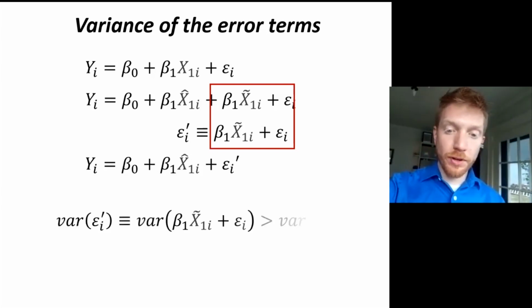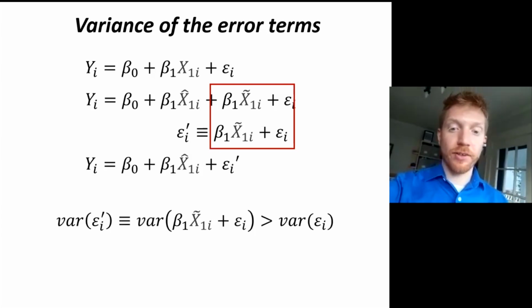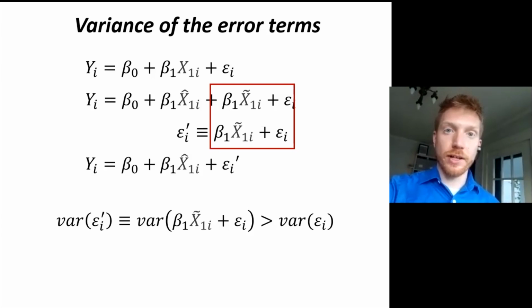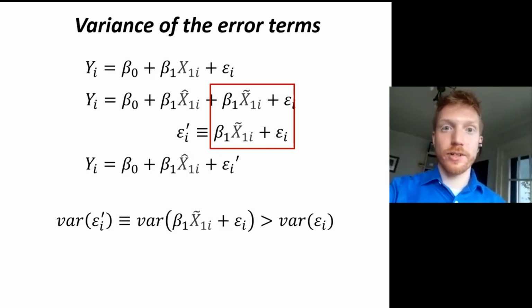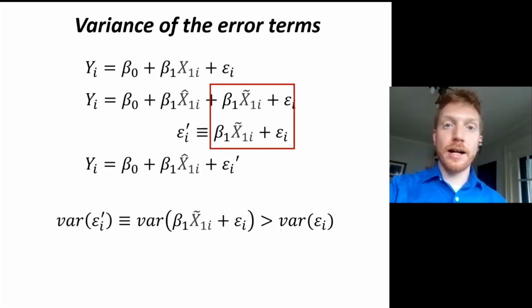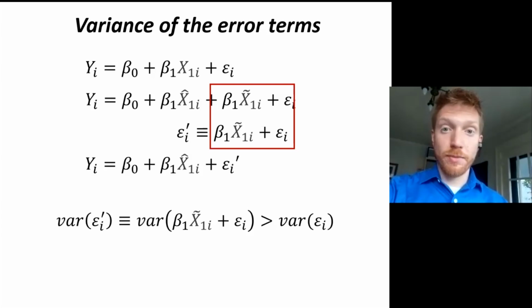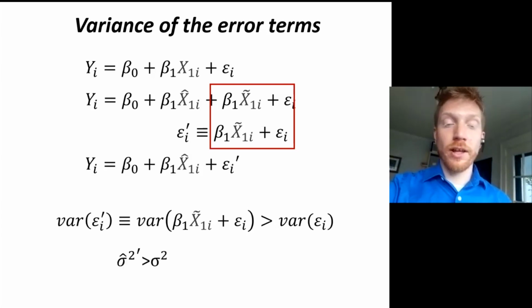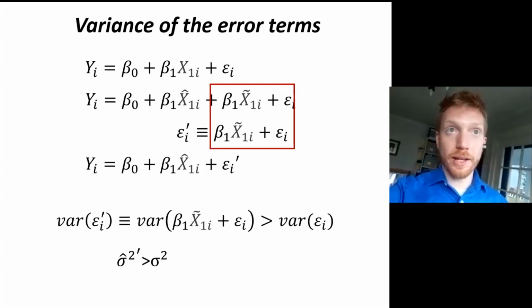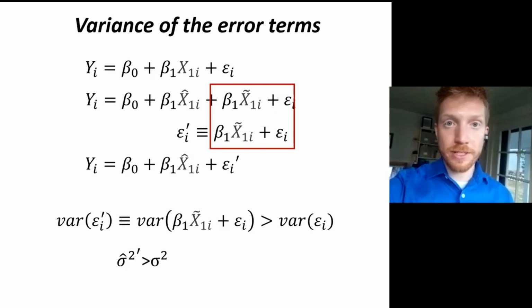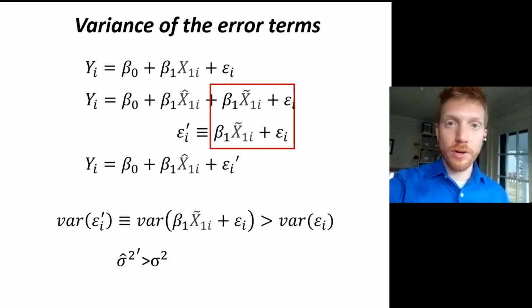And what we're curious about here is the variance of the original error term compared to the variance of the two-stage least squares error term. And we can see through this equation that generally the variance of the error term in the two-stage least squares is higher than the variance of the error term when we did not have to do two-stage least squares. This isn't strictly always true.